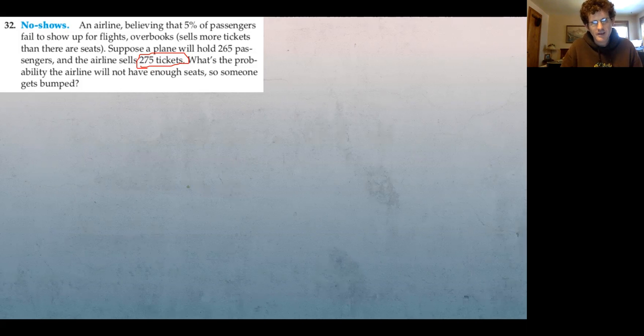And we have such a huge population who could fly in a plane that 275 is nothing. It's barely a drop in the bucket. So we definitely are meeting the 10% condition, and we don't need to worry about the calculations being off by any significant amount.